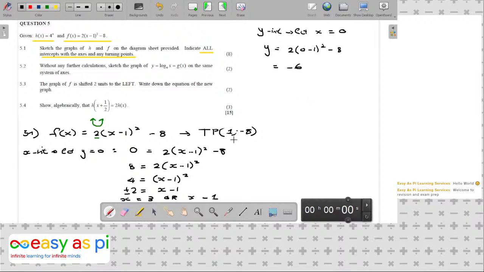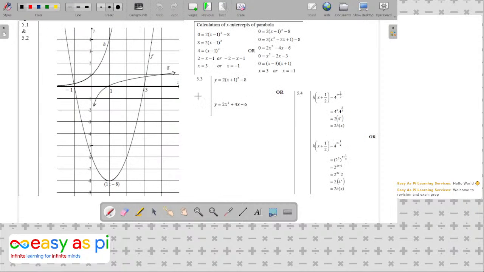Now you'll notice that I've got the x-intercepts, the turning point, and the y-intercept. I'm going to show it to you on the graph: here are my roots, meaning the x-intercepts, here's my y-intercept, and here's my turning point.